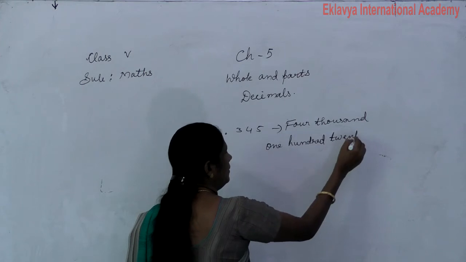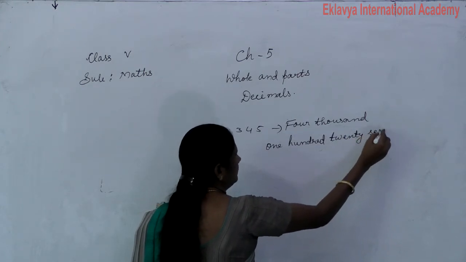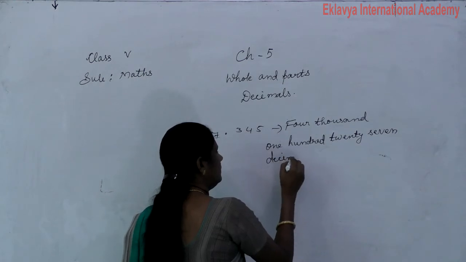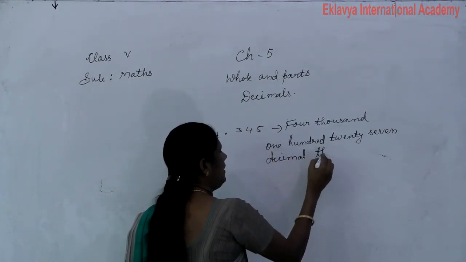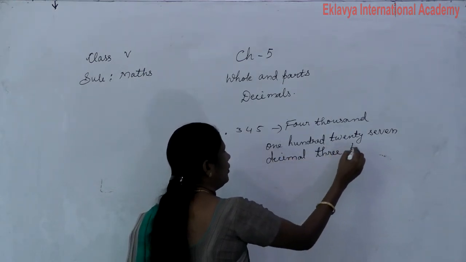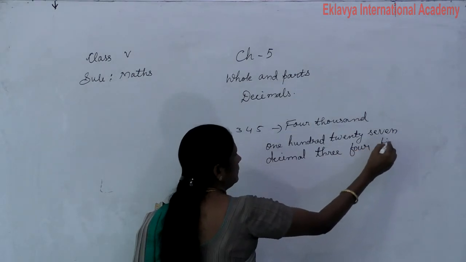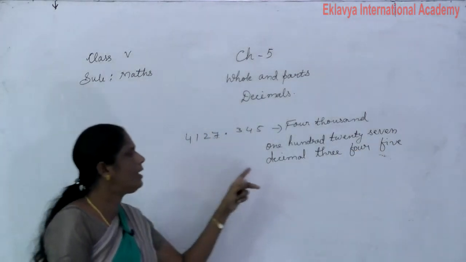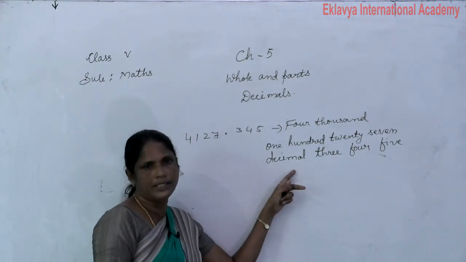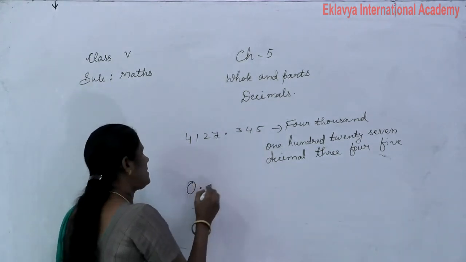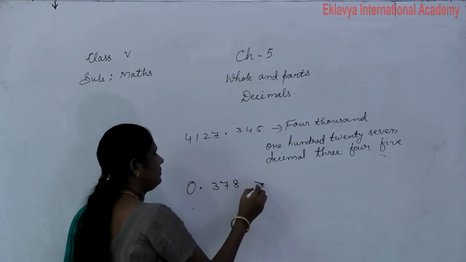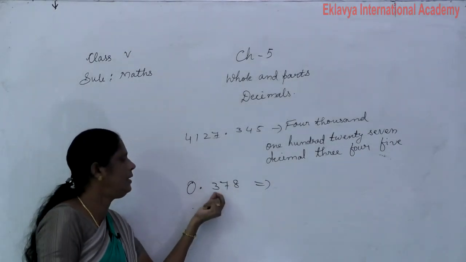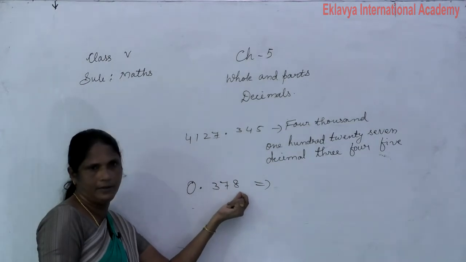First number we write point. Here we write decimal. Understand? How to read this number? 0.378. Understand?